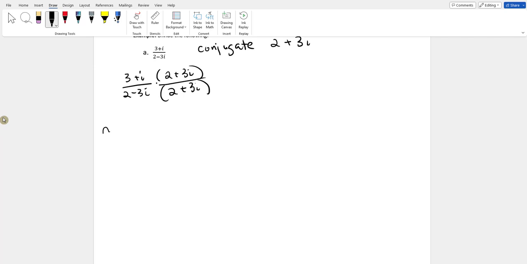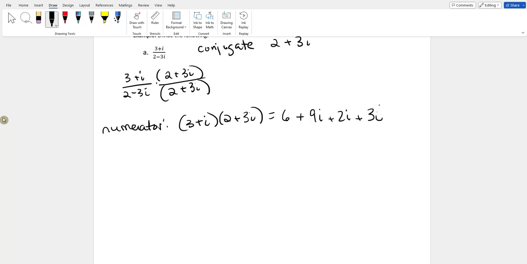So if I multiply out the numerator, I have 3 plus i times 2 plus 3i. So basically you're going to FOIL this just like we've been doing. So I get 6 plus 9i plus 2i plus 3i squared. I'm going to go ahead and simplify this. This is 6 plus 11i plus 3 times negative 1. We know that 3 times negative 1 is a negative 3. So we get 3 plus 11i in my numerator.